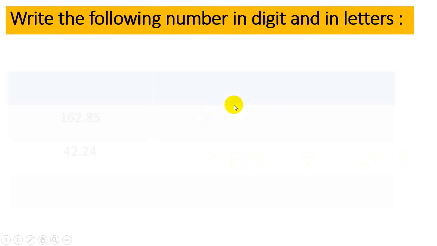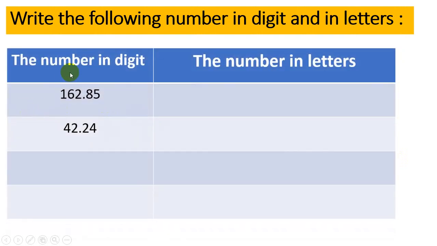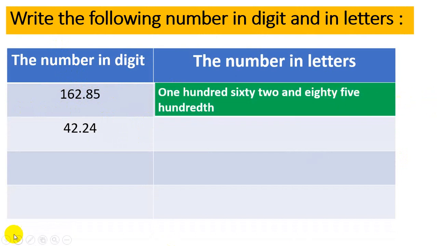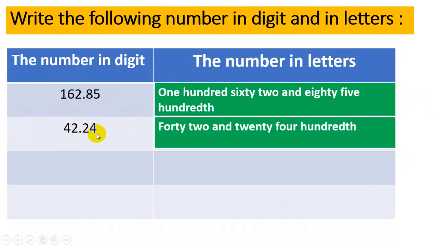Write the following numbers in digits and letters. Yes, 162 and 85, what? 85 hundredths. 42 decimal point is... add 42 and 24, and the last place is hundredth.